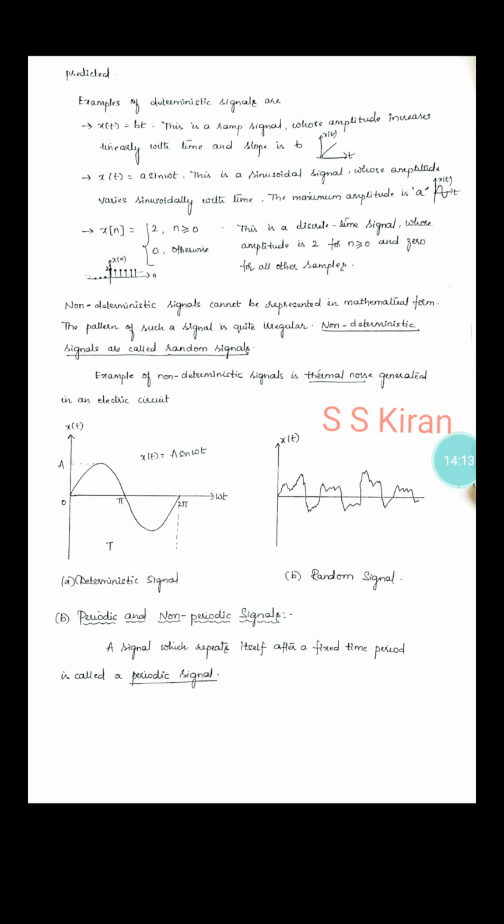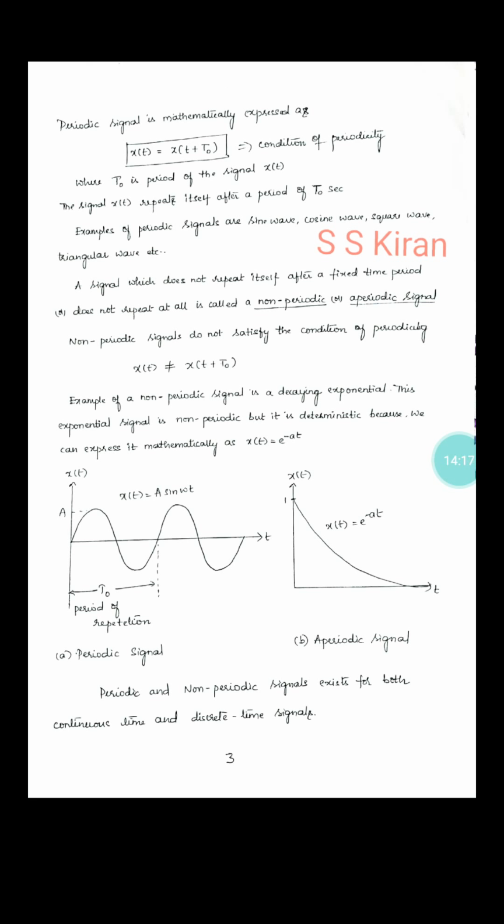Concentrate on the expression. A periodic signal is mathematically expressed as x of t equal to x of t plus t naught, the condition of periodicity. This condition is very important, as it is used in problems, where t naught is the period of the signal x of t. The signal x of t repeats itself after a period of t naught seconds.